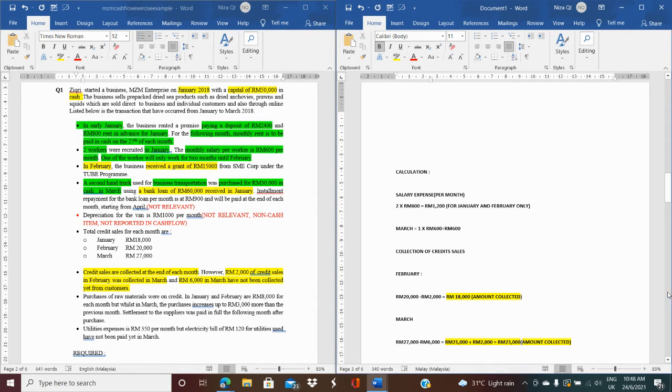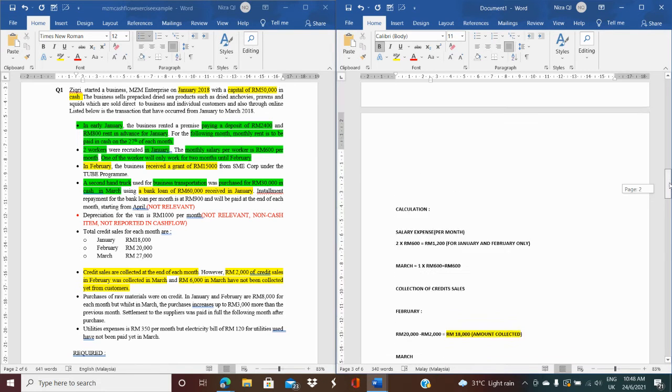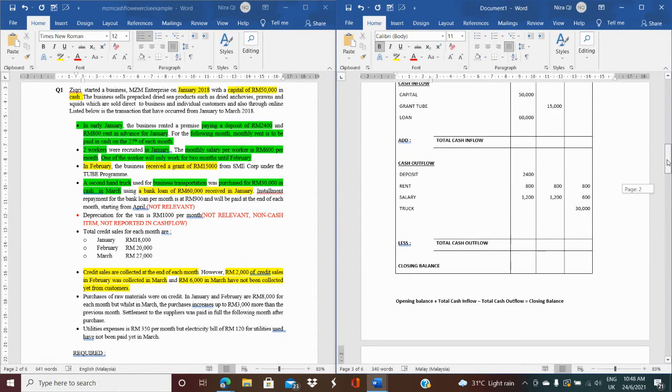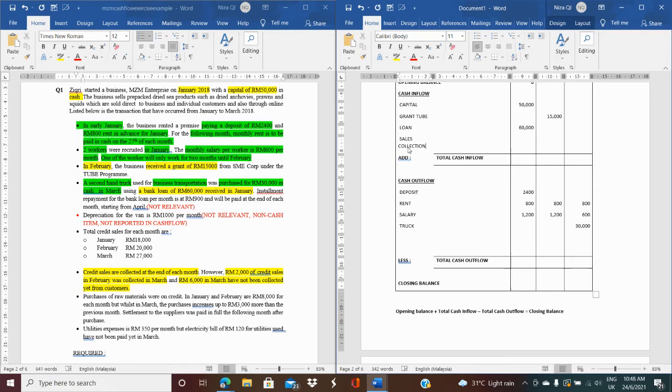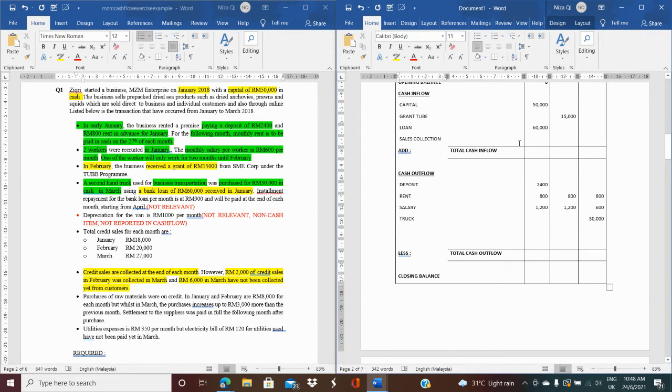Okay, so now we can put this information in the column that is relevant. So this is an inflow. So it goes at the upper part of the format, under the inflows. So this is sales collection. This is for 18,000 fully collected in January.